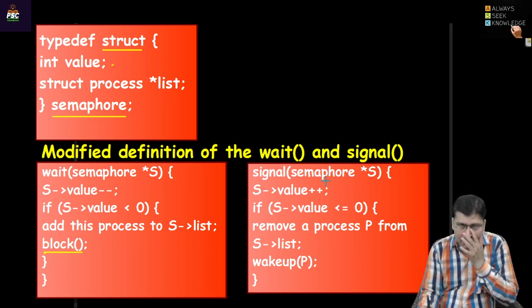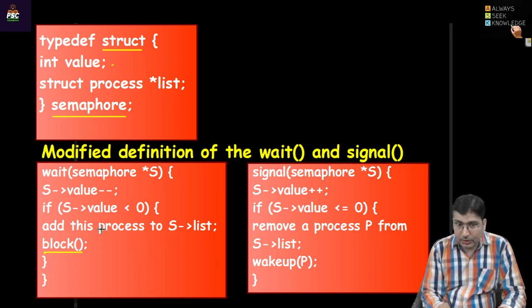Now look at the signal. Because we block the process in the wait operation, we will unblock processes in the signal operation. So in signal, again we pass the semaphore, and we increment the value of the semaphore by 1, and then we check whether this value is less than or equal to 0.